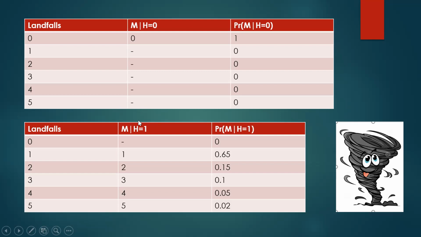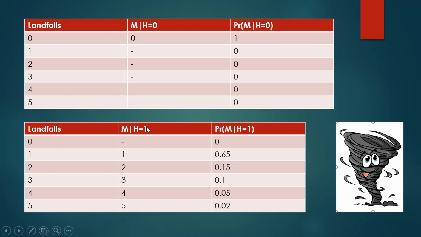And the second table: the landfall given that the hurricane equals 1, and the probability of landfall given that hurricane equals 1. When you have one hurricane, of course, something will happen. You will have landfalls, so it is not possible that we have no landfalls. So the 0 part is nothing; the probability of landfall equal to 0 is 0.